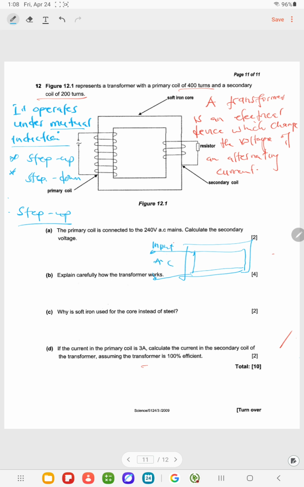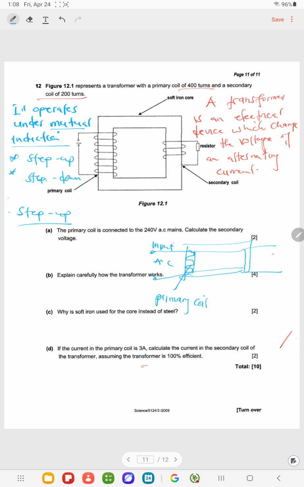Then the windings here, we have the primary coil.